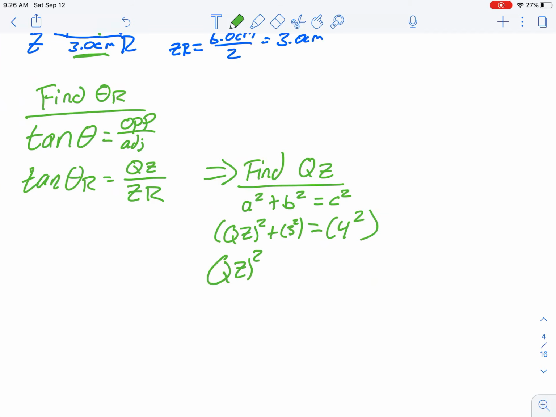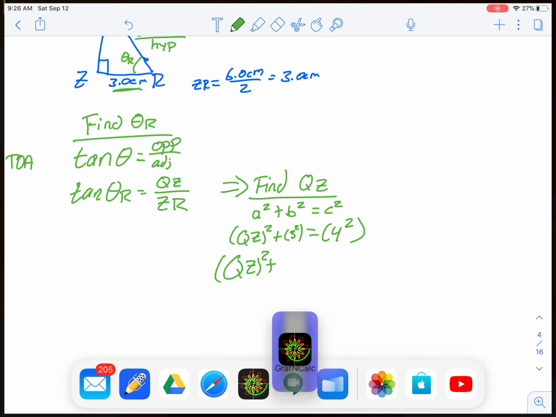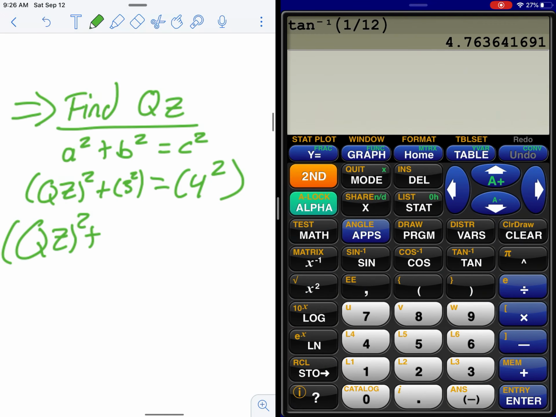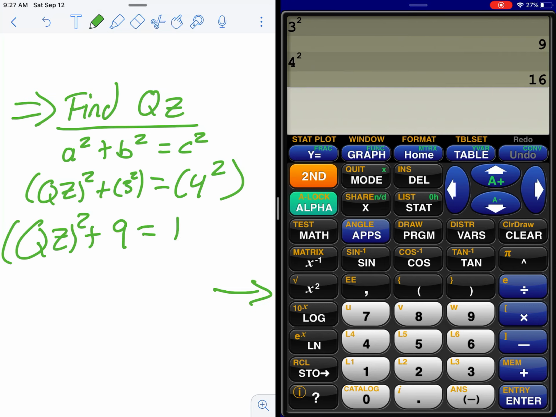Now QZ squared plus, remember how to find the square button in your calculator. It is found right there. Okay, so if we want to plug that in, it will be 3 squared, which equals 9, and then 4, and then press my square button, 16.